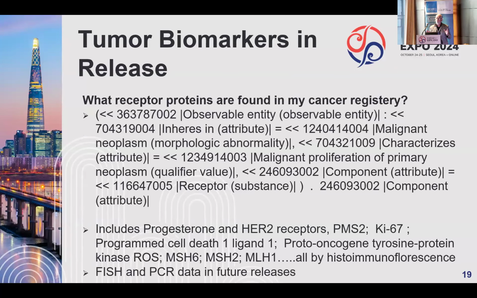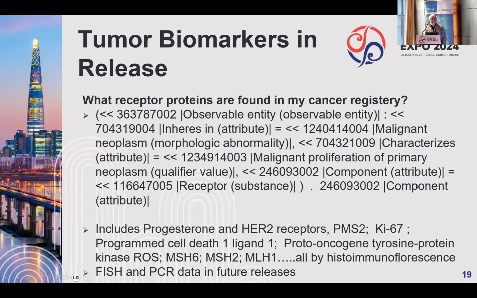If you want to see what other types of biomarkers are found in the synoptic material, you can basically perform this ECL, and notice that I use the dot formalism that Stan demonstrated to you earlier. And I just look for all the values that are fulfilling the component attribute.